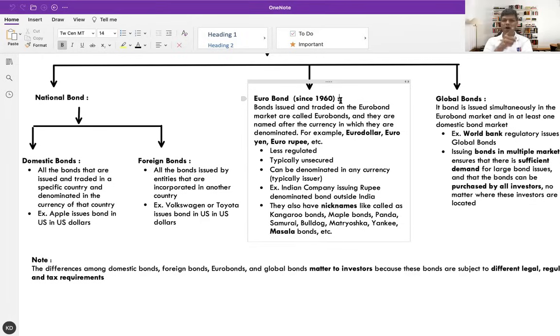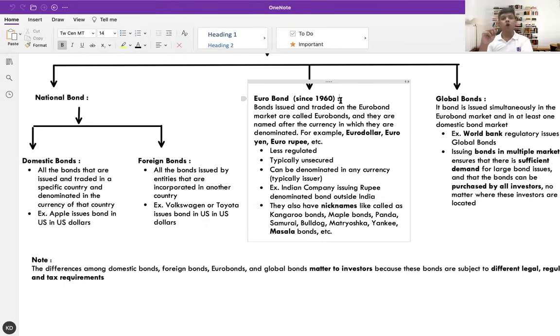TCS issues bonds in US dollars. What type of bond is it? Foreign bonds. If TCS issues bonds in India in Indian rupees, it's a domestic bond.